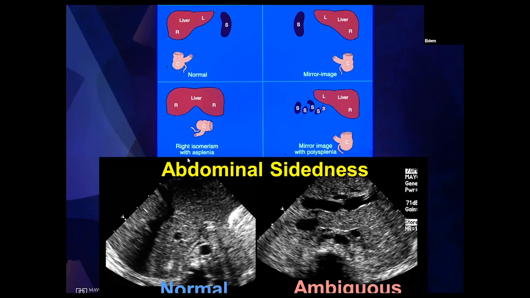We can have right atrial or left atrial isomerism, where you might have situs ambiguous with a liver on both the right and the left side with an absence of the spleen, or you may have polysplenia, where you have numerous spleens located in a variety of positions throughout the abdomen, and the typical position of the liver is on the left side.